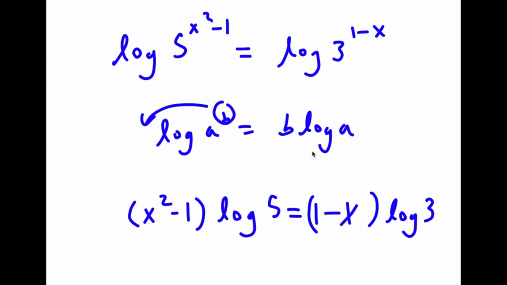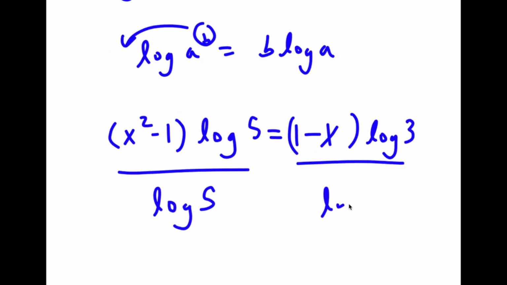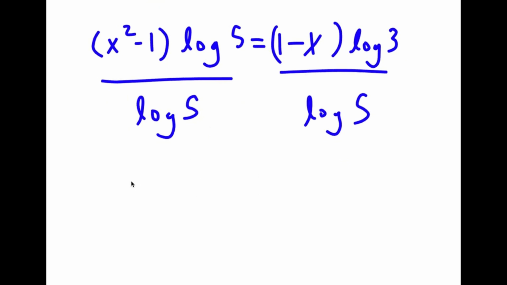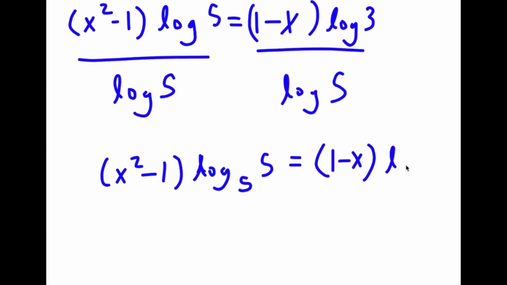Now, if I divide both sides by log 5, I get x squared minus 1 times log base 5 of 5 is equal to 1 minus x times log base 5 of 3. So if you divide two logarithms, the logarithm that's being divided by, that's going to turn into the base.